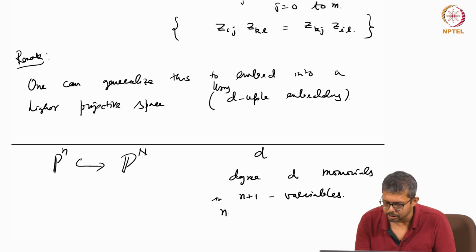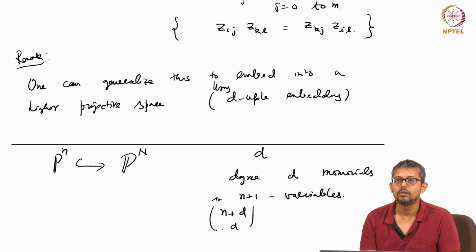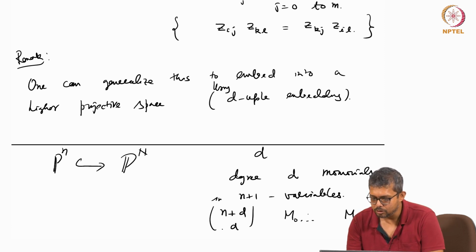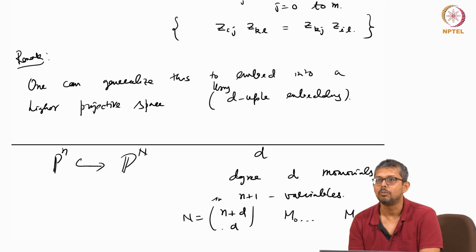N plus d choose d, yes. So there are n plus d choose d. Now call them m0 up to mN, where N is this number. These are homogeneous polynomials.